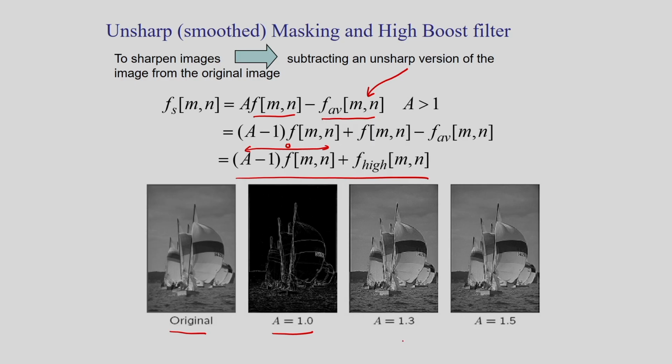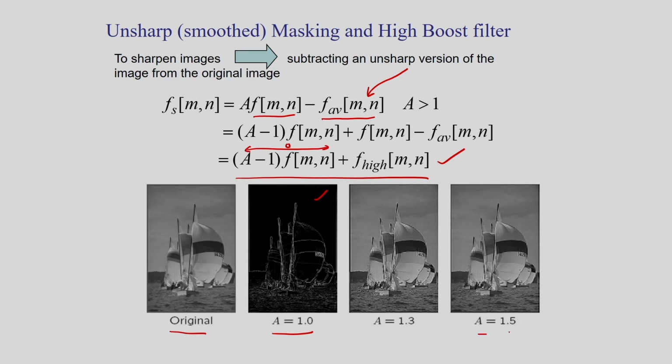If A is equal to 1.3, then in this case you can see, if you put this value in this expression, A is equal to 1.3, then corresponding to 1.3, I have the high frequency information as well as the low frequency information. So in this output I do not have the low frequency information, but in the second case you can see, because A is equal to 1.3, that means I am considering low frequency information as well as high frequency information.